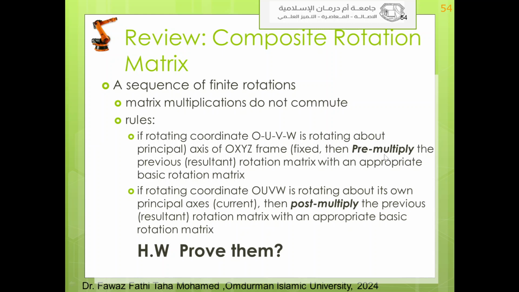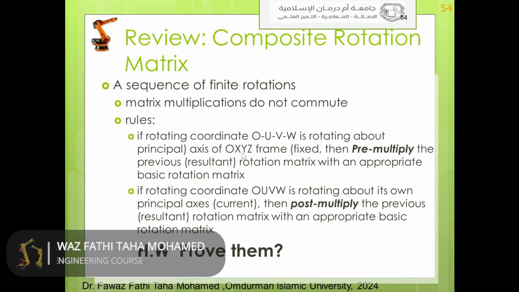And in the pre-multiply case, any new rotation matrix is rotated around the old, fixed x, y, z axes.